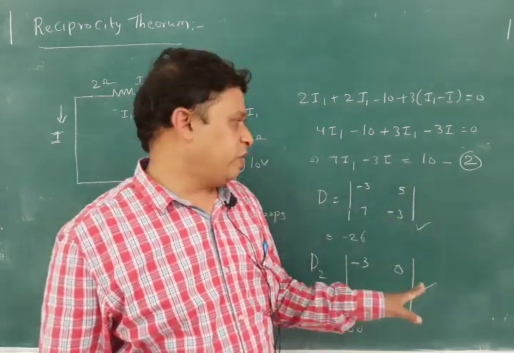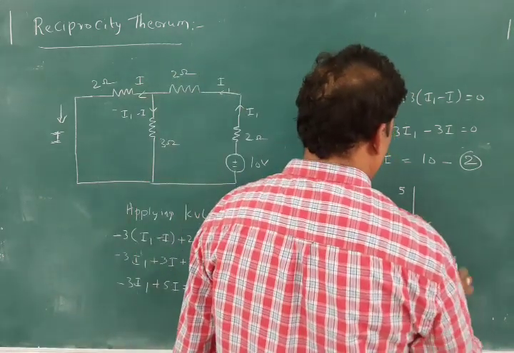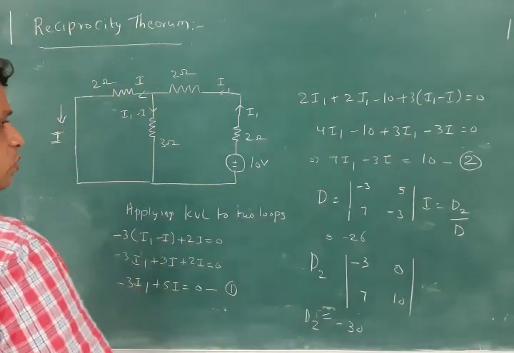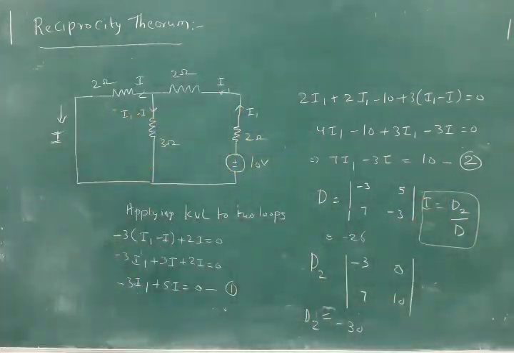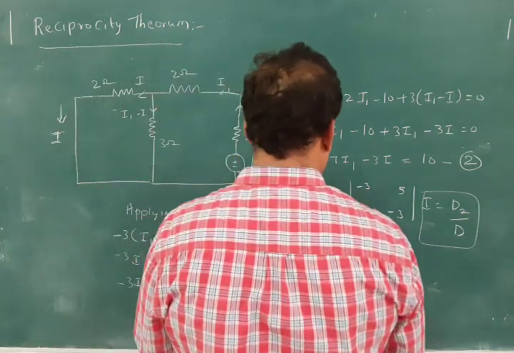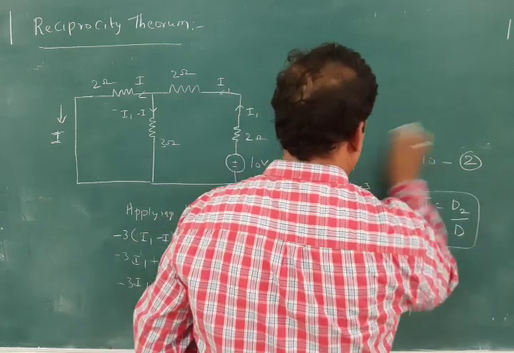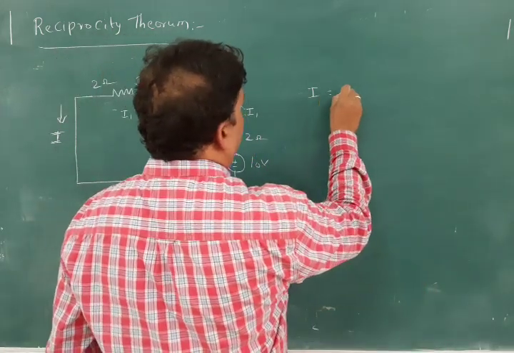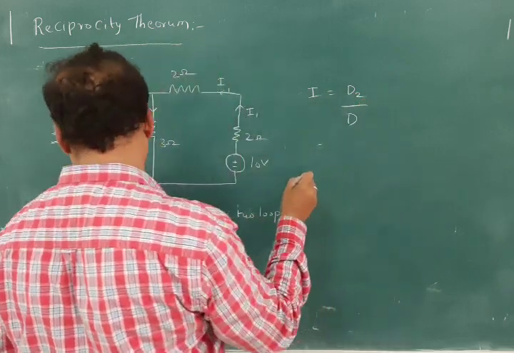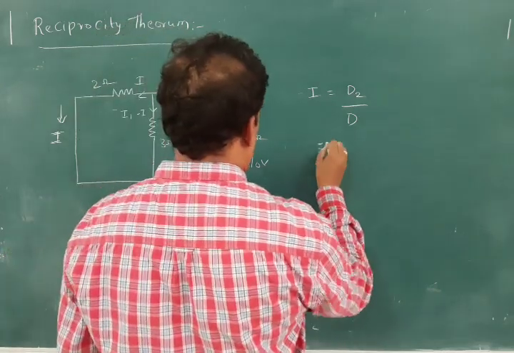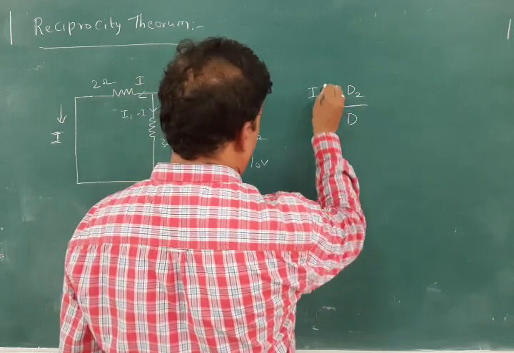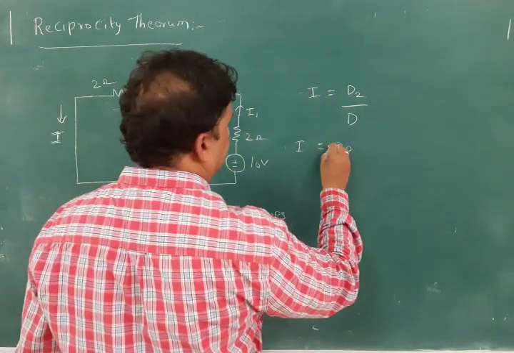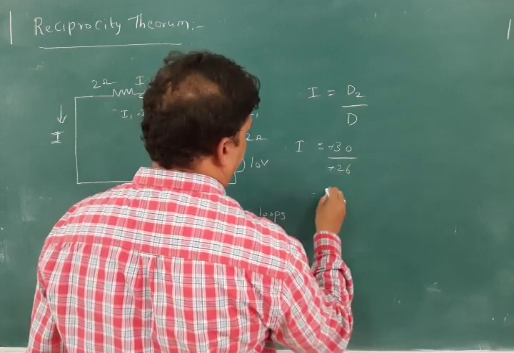So I is equal to D2 by D. As D2 and D values we just got, we will write those values and we will get the same answer, 1.15, as the current. 30 by minus 26. Minus minus cancel, and you will get 1.15 amperes.